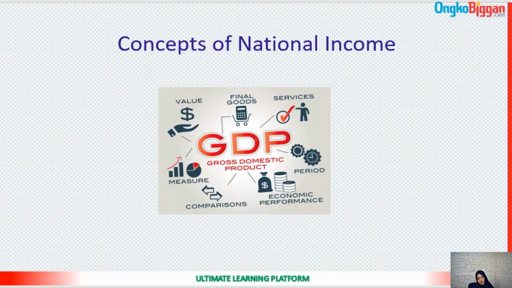For the gross domestic product, gross means that the GDP measures production regardless of the various uses to which the product can be put. It doesn't care about the uses of the products. It grossly takes the amount of production. The production can be used for immediate consumption, or for investment into fixed assets, or as inventories, or for replacing fixed assets that have depreciated.